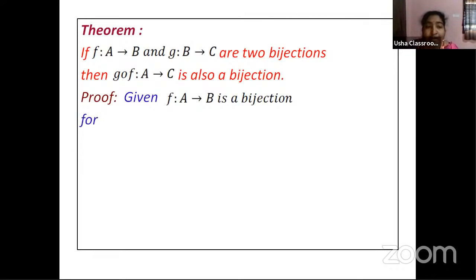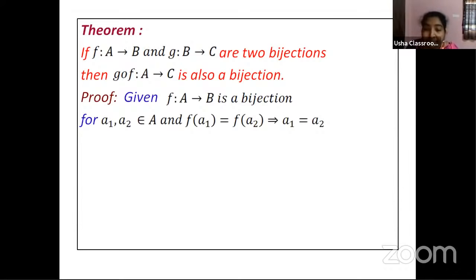So for A1, A2 belongs to A, F of A1 is equal to F of A2 implies A1 is equal to A2. Why is it so? Because F is a 1, 1 function. Now, if we already said F is a bijection, it should be onto also. So if it is an onto function, for every element in set B there exists a pre-image in set A, isn't it?